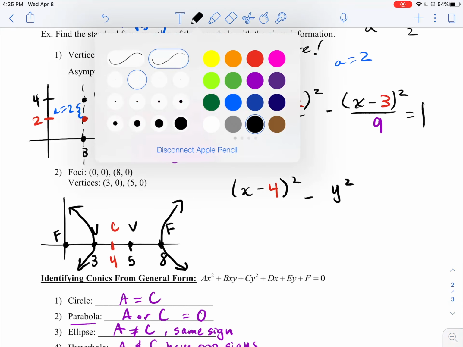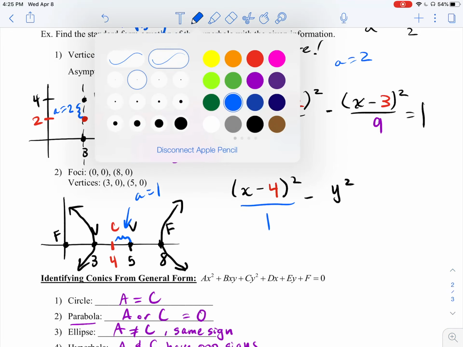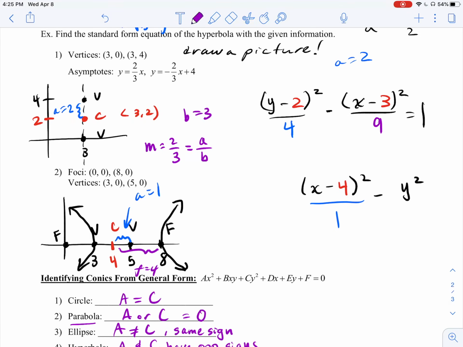And I know that the distance from my center to my vertex, this a value, is equal to 1. Well, that's going to go underneath my x term, so a is equal to 1, so 1 squared is just 1. And I know that my distance from my center to my focus is equal to 4. Well, think about this.